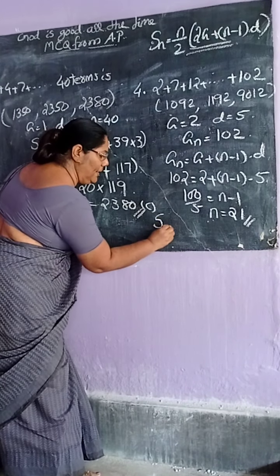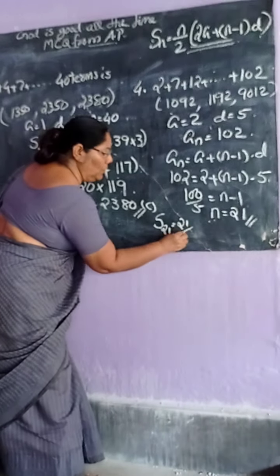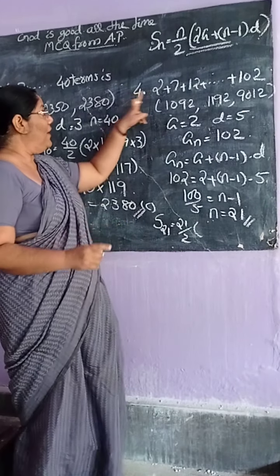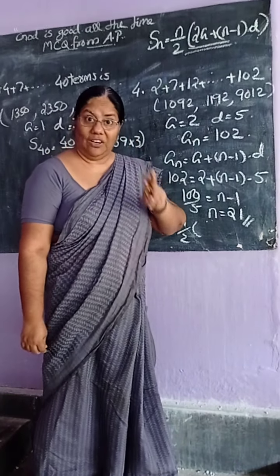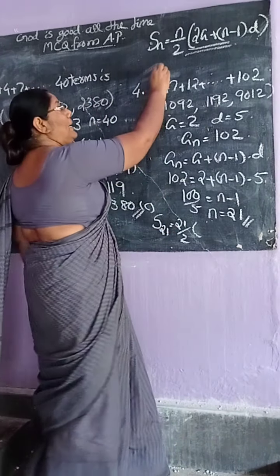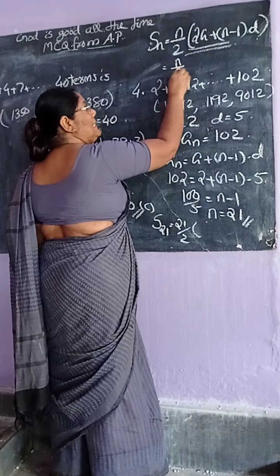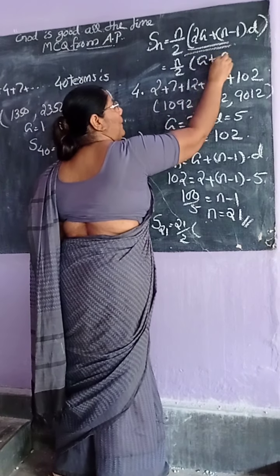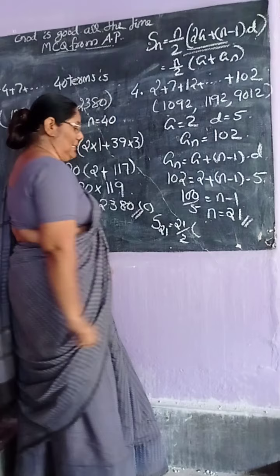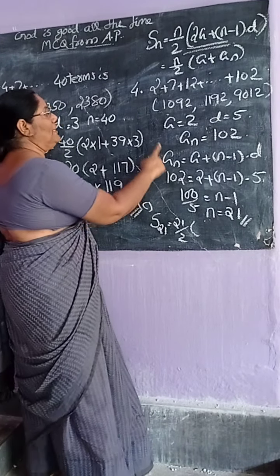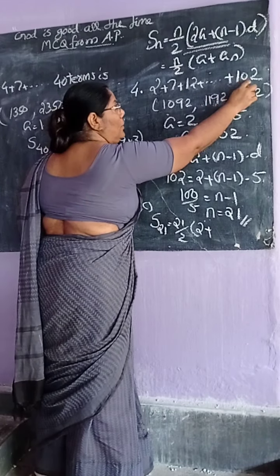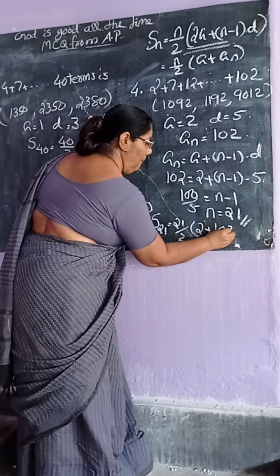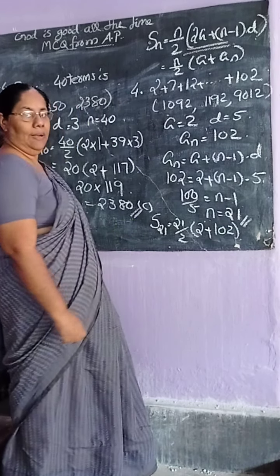Then 21 by 2 into. If the first term and the last term are given, we can write the formula as N by 2 into A plus An. First term is 2 and the last term is 102. Understand?